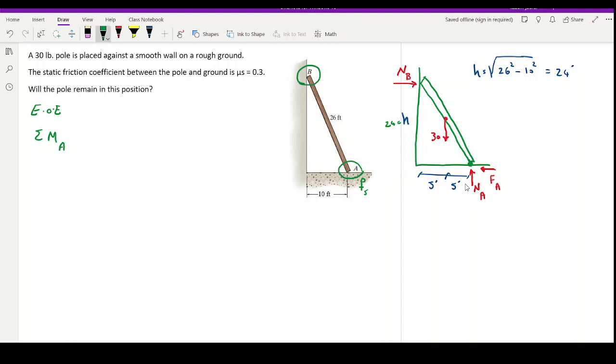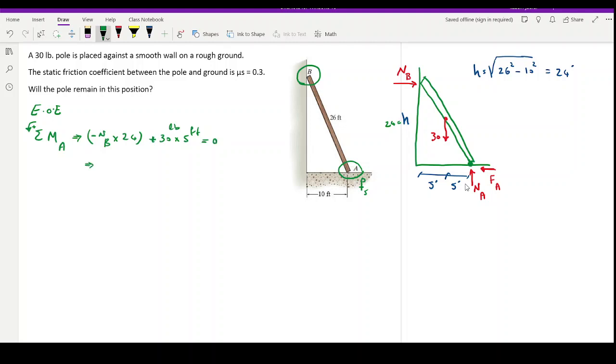Now, if I assume, again, this is my positive direction, then I will have negative NB times the distance, which is 24, I just calculated, plus 30, because this is going to act in the positive direction that I assume, plus 30 times the distance, which is 5, and those are the only forces creating moment.